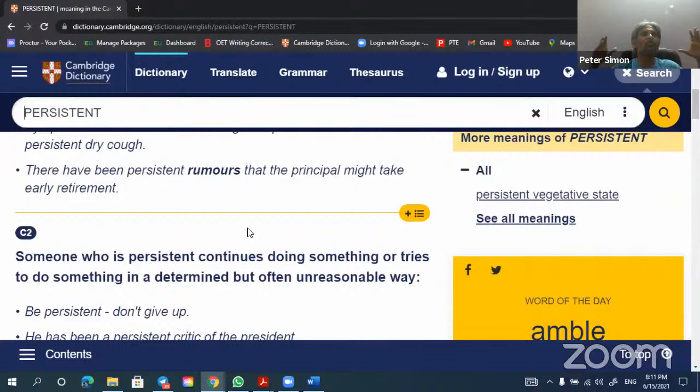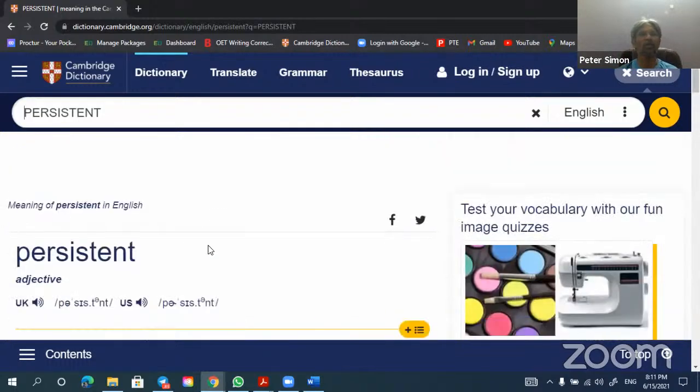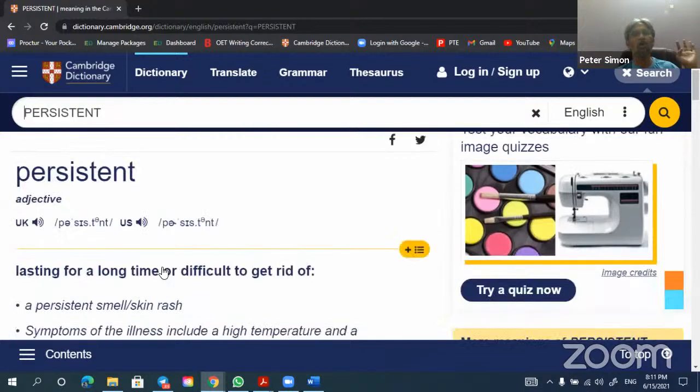Instead of using 10 words, you are using one word. Persistent means lasting for a long time or difficult to get rid of. Lasting for a long time or difficult to get rid of. 11 words. This word is equal to 11 words.